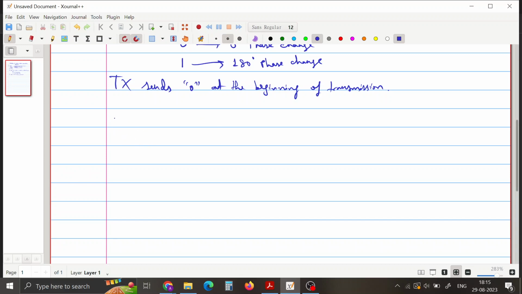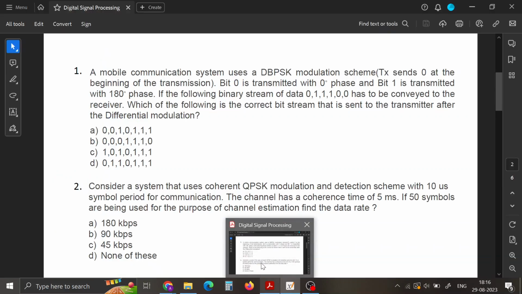So let's first draw the given bit stream from the question, the data to be conveyed to the receiver. That is I think 0 1 1 1 0 0.